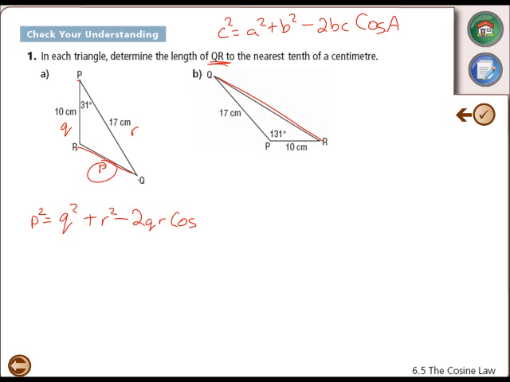If we're looking for p, it's the cosine of P. Some of you might need to say, okay, wait a minute, I'm just going to change it to a's, b's, and c's and work from there. That would be acceptable as well. Let's plug in what we know. So p squared equals 10 squared plus 17 squared minus 2 times 10 times 17, cos of 31 degrees.